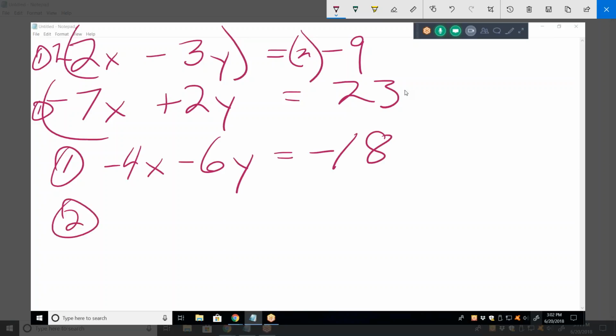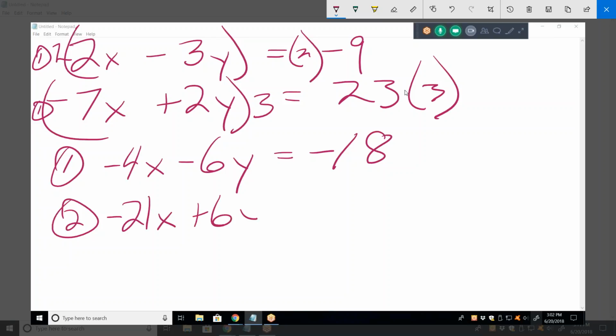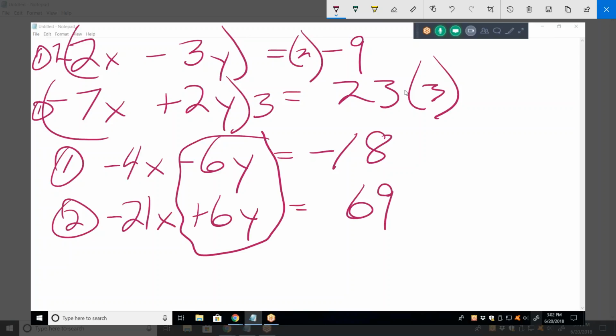Equation 2, I'm just going to multiply by a positive 3. That gives me minus 21x plus 6y. That's what you're looking for. And 69. It will cancel. Now add everything together.